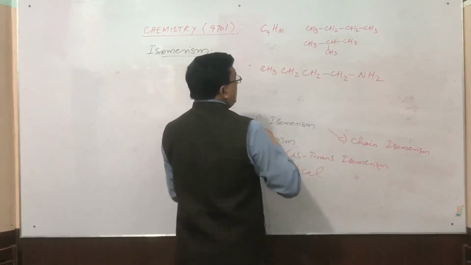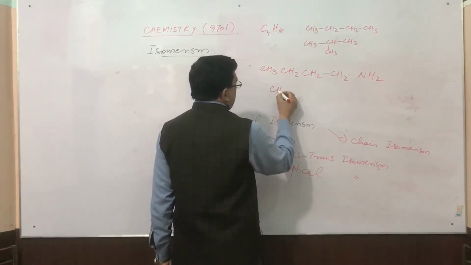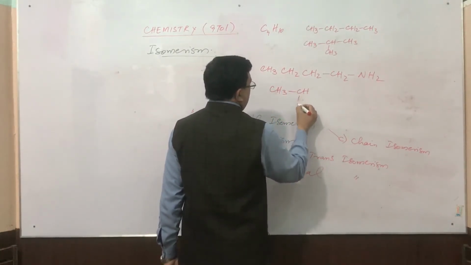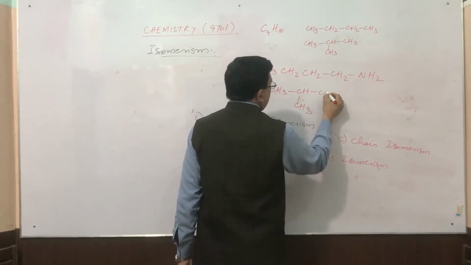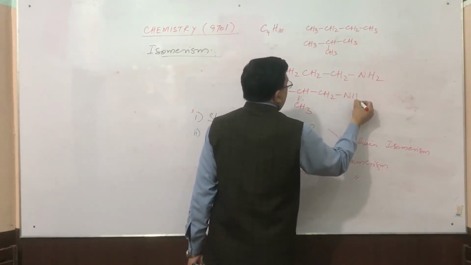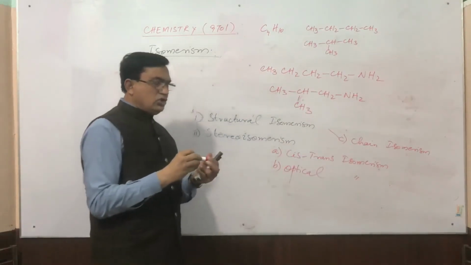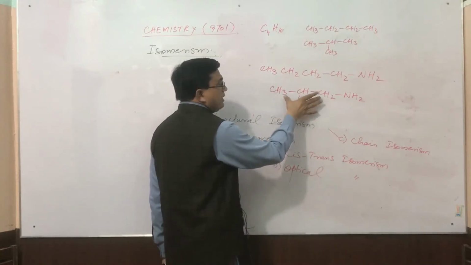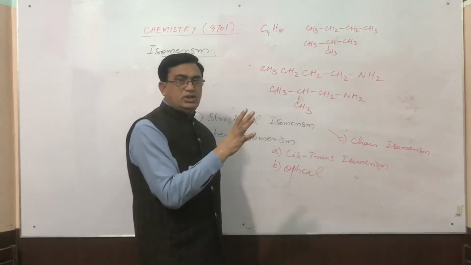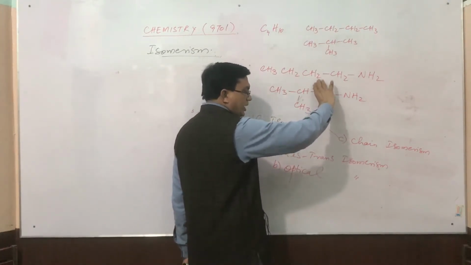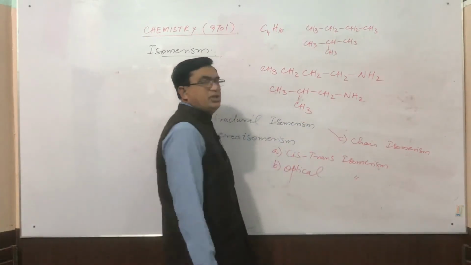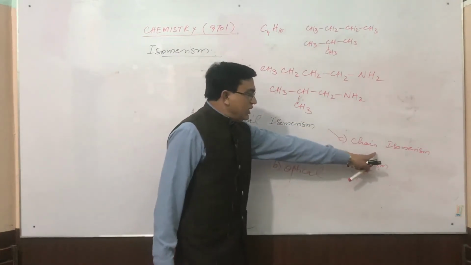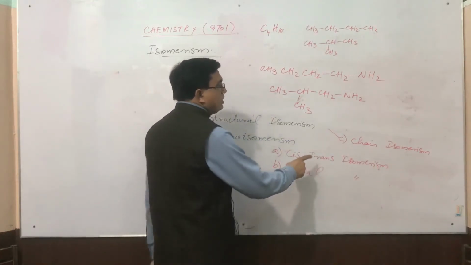Now, if I rearrange this in this manner, the position of the functional group is not changed. Only the number of carbon atoms present in the stem is changed. So this will also be an example of chain isomerism.